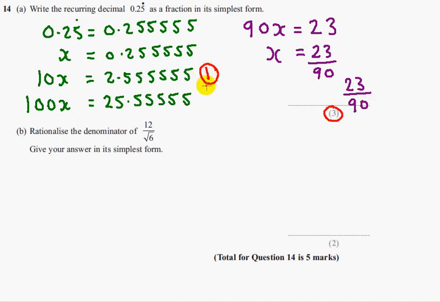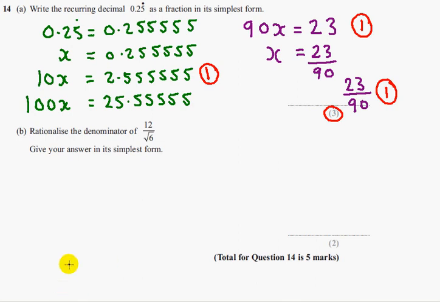The second one is also a method mark for subtracting these two to leave us with 90x equals 23. And the third mark is for an answer of 23 out of 90. And that's it for part A.